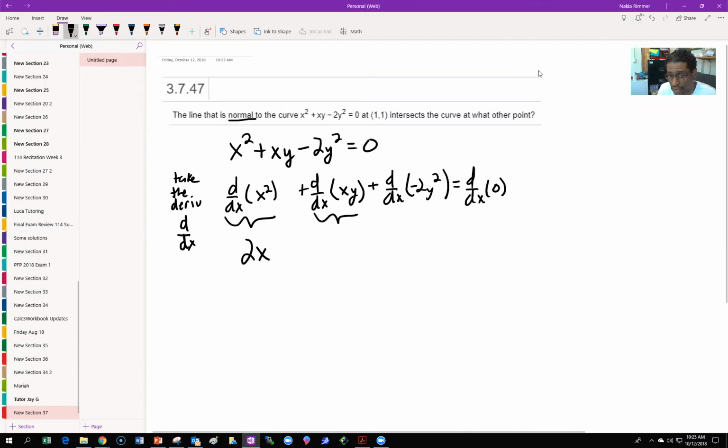The derivative of xy, we have to treat that like a product, where we treat x as our first function and y as our second function. So we take the derivative of x, which is going to be 1, and then we multiply that by just the second function. Don't do anything with it, y.